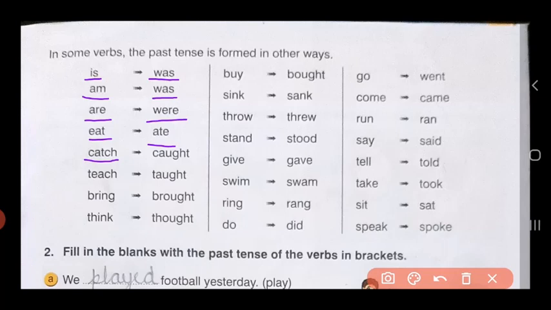Catch, past tense is caught. Teach, the past tense is taught. Bring, past tense is brought. Think, past tense is thought.